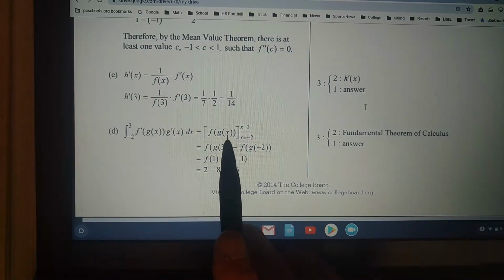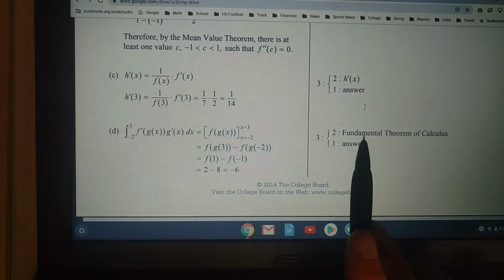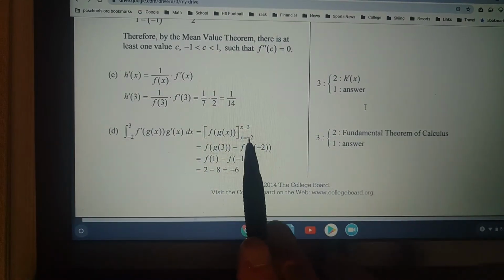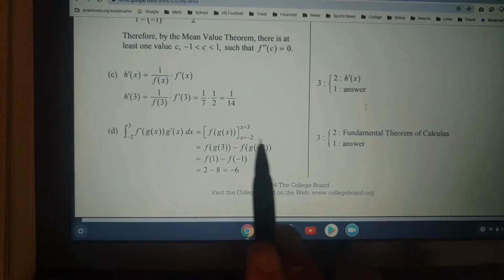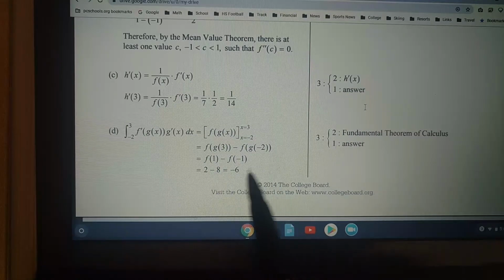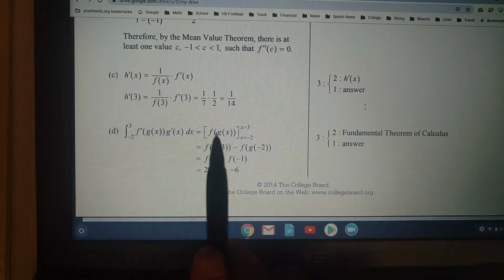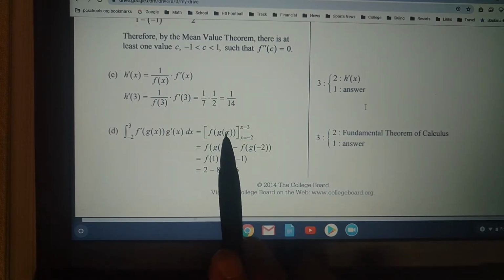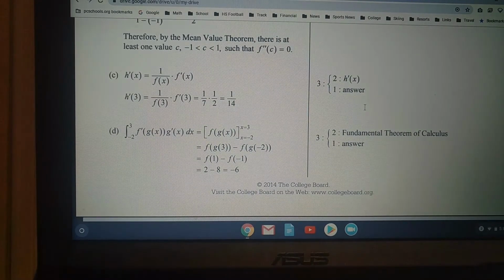If you get from this to this, that gets you one of your fundamental theorem points. If you then know to evaluate and substitute in correctly, that gets you your second. And then if you do all the substitution correctly and evaluate and get -6, that gets you your third. So 1 point for going from here to here, 1 point for getting from here to here, and then the third point for getting the -6.